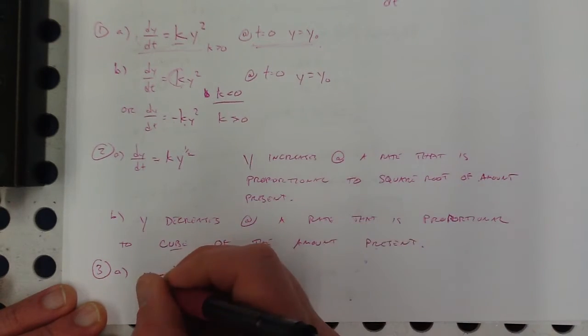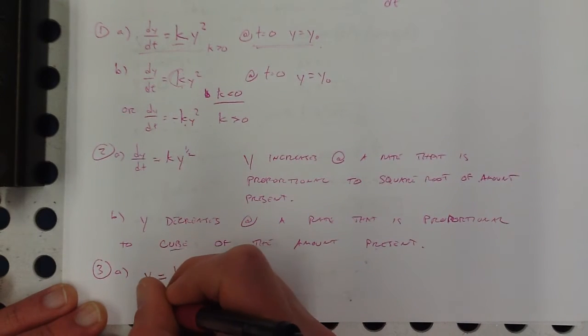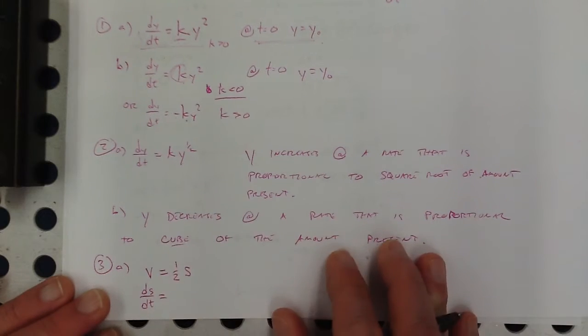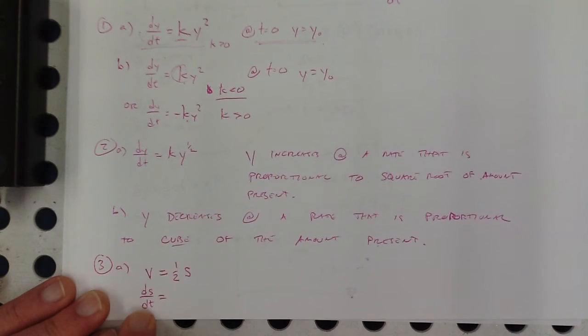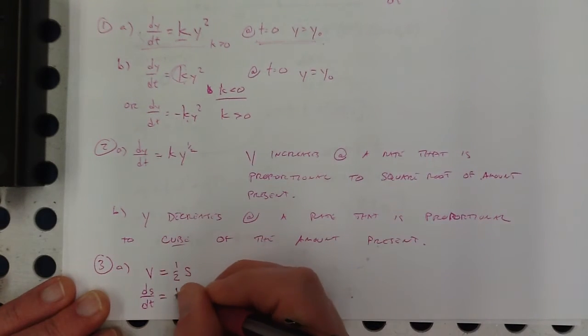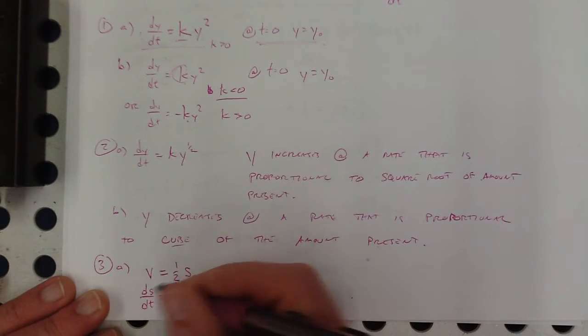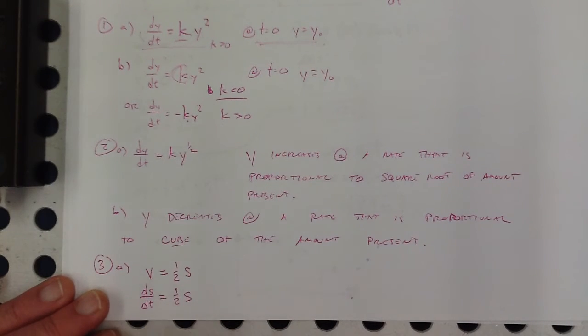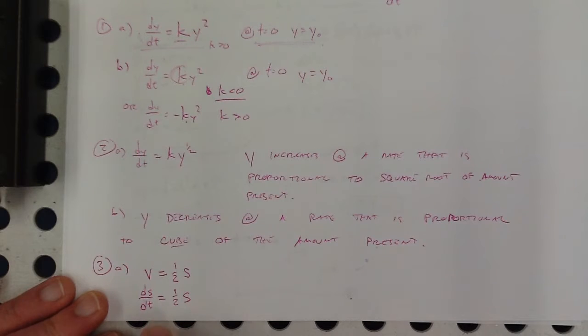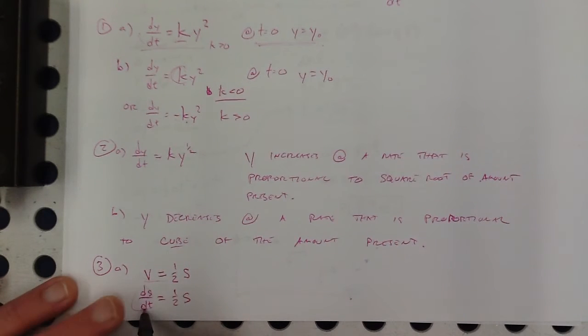So velocity is the same as ds/dt, right? Velocity is the derivative of position. So why do we need to make that change to satisfy what this question is asking for? Well, this equation right here is true, but it's not a differential equation, and we couldn't use it to solve for position. It's just a restatement of this, but replacing v with the derivative of position.